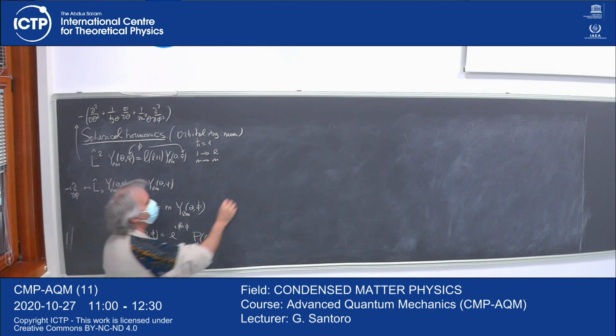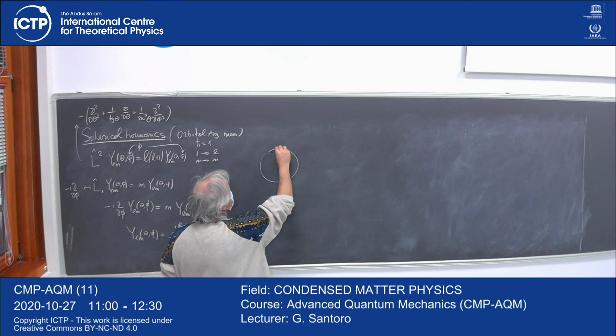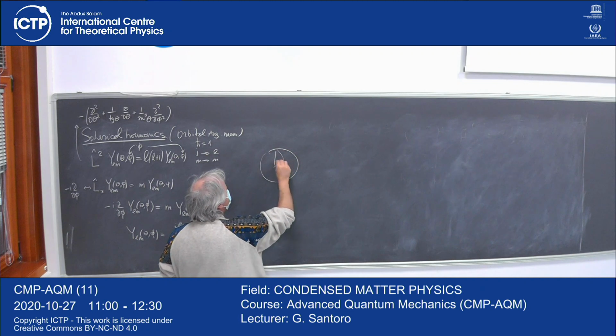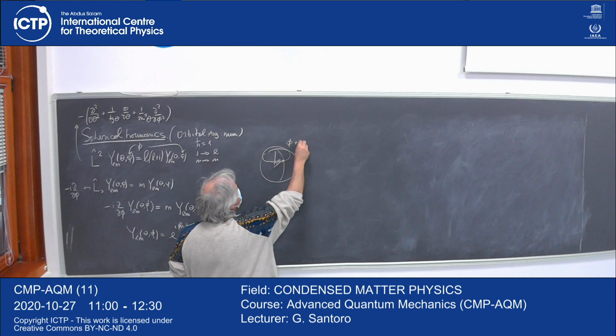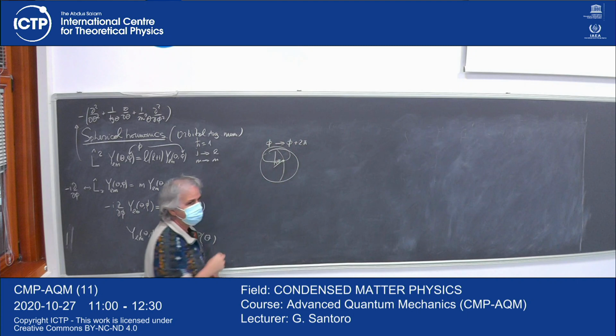Now you realize that on the sphere, if I have an angle phi and I change phi into phi plus 2 pi, I get to the same point.